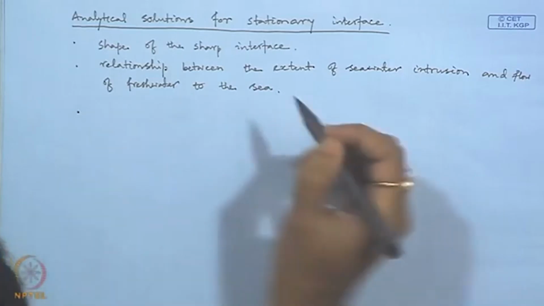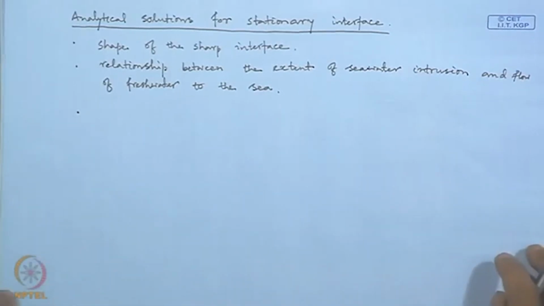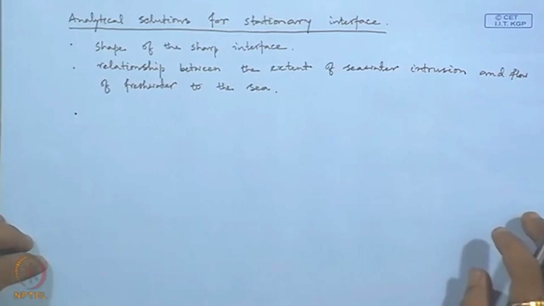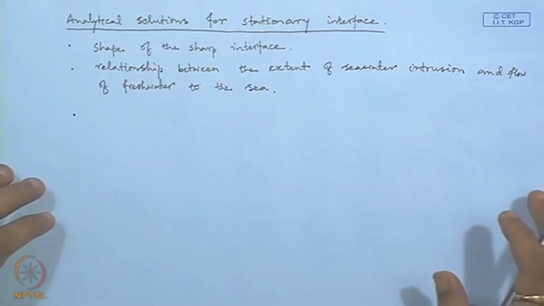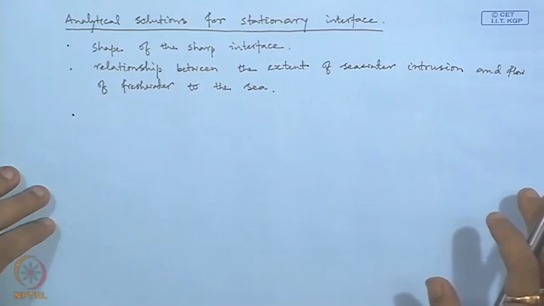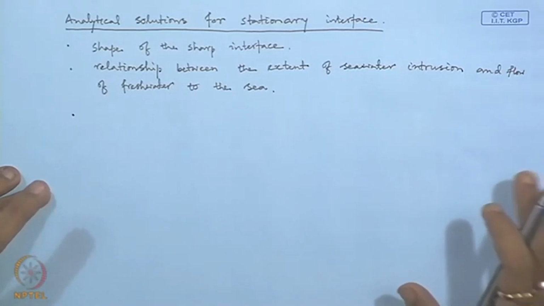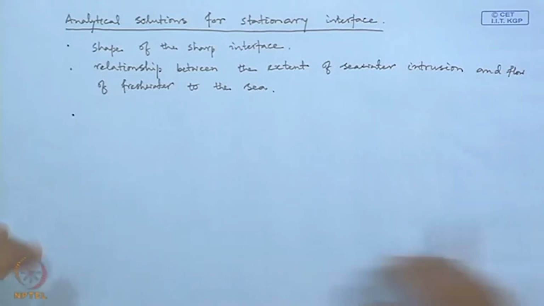And why is this relationship necessary? This relationship is necessary for taking aquifer management decisions and sustainable yield identification for coastal aquifers.